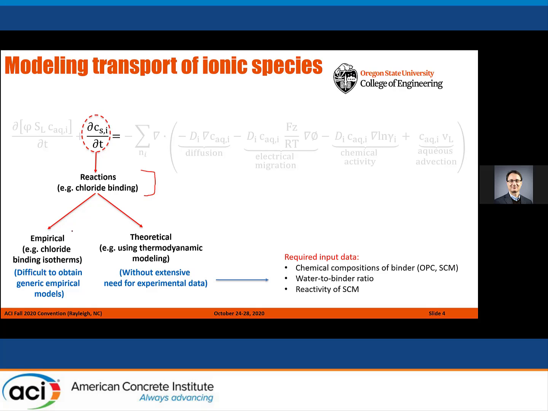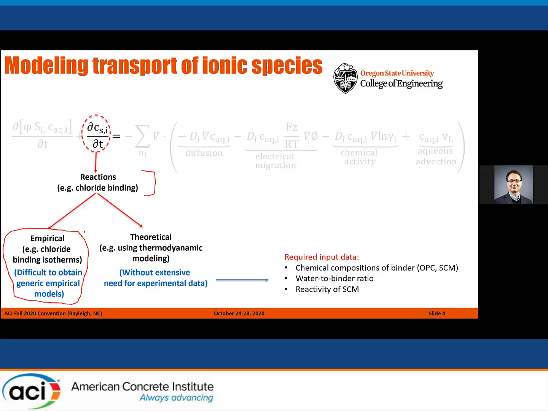One way of dealing with this, and this is the traditional way, is to use empirical models. Most of you are probably familiar with the concept of chloride binding isotherms. For example, in chloride binding, you take your mixture. If you want to model a concrete, you have to take the Portland cement used in that concrete, and the SCMs used in the concrete.